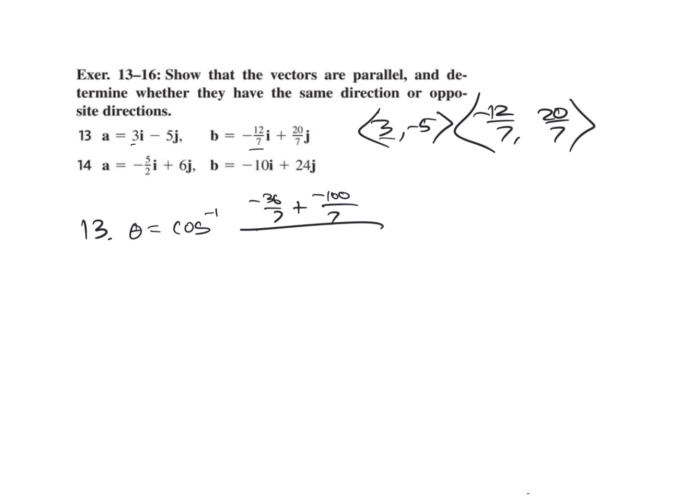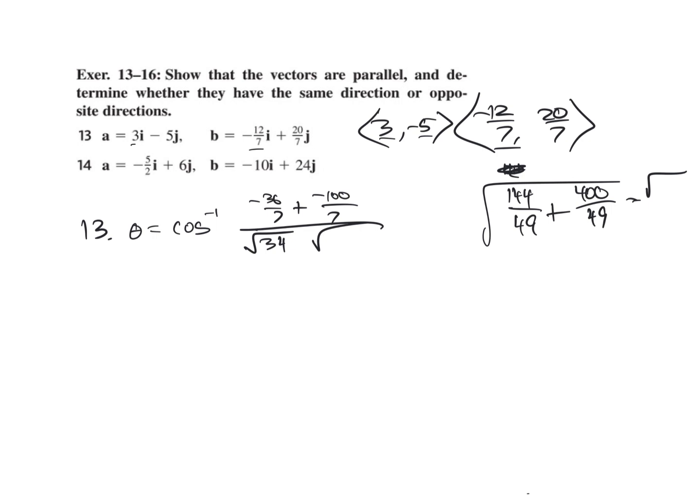your magnitude. 9 and 25 is 34. And that's 144 over 49 plus 400 over 49, which gives us the square root of 544 over 49. The square root of 49 is 7. So the square root of 544 over 7.